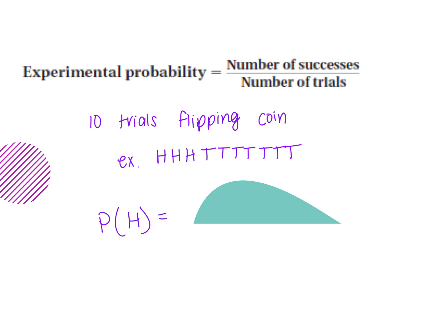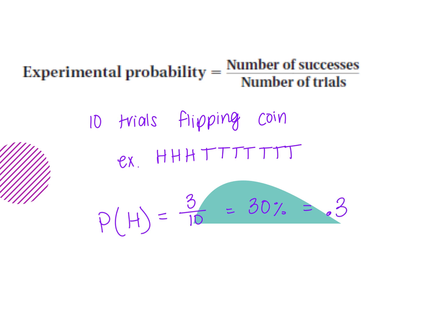How many times did I perform the trial? 10 times. And out of those 10 times, how many times did I land on heads? 3. So I could either write it as 10 over 3. I could also write it as 30%. Or I could write it as 0.3 as a decimal.